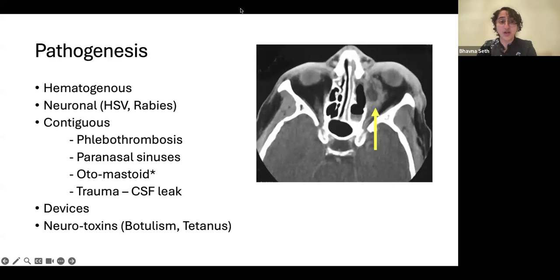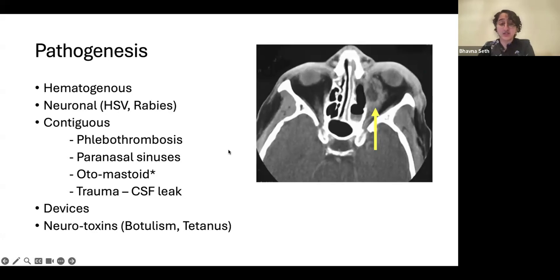In terms of how this occurs, it can be hematogenously spread or neuronal, directly through the nerve roots, especially in the case of rabies. But also it can be transmitted from organ systems nearby. And this is a picture of the orbital plate being infiltrated by a sinus infection.